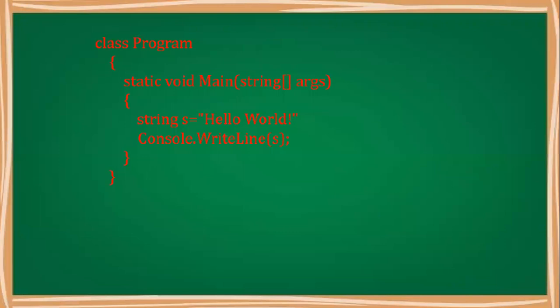We have created a variable named s of type string and assigned the value hello world. In the console, to print the same statement, we have written Console.WriteLine and passed s. This is nothing but the same previous program, just that we first hold the value in a variable, and at the time of printing the result on the command prompt we use the name of the variable. This is quite simple, similar to previous programming languages.